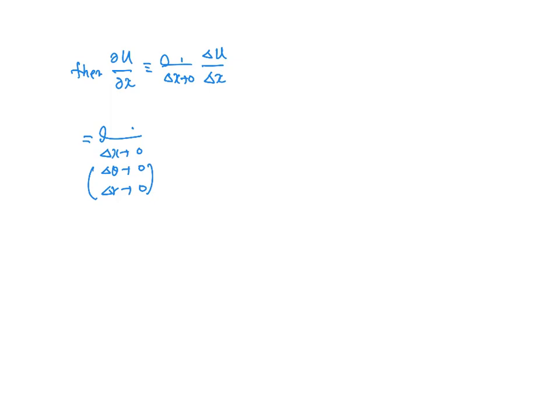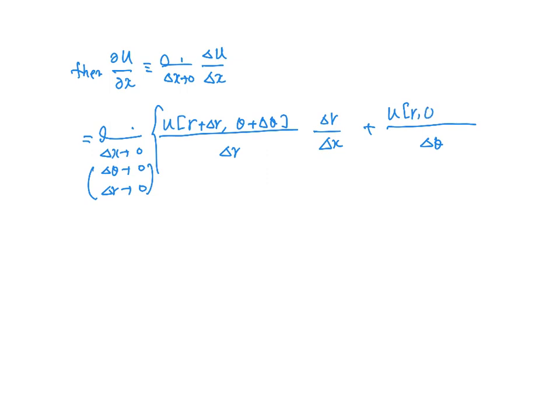So if you happen to remember the form, then we have u(r plus delta r, theta plus delta theta) plus u(r, theta plus delta theta) minus u(r, theta), over delta x.